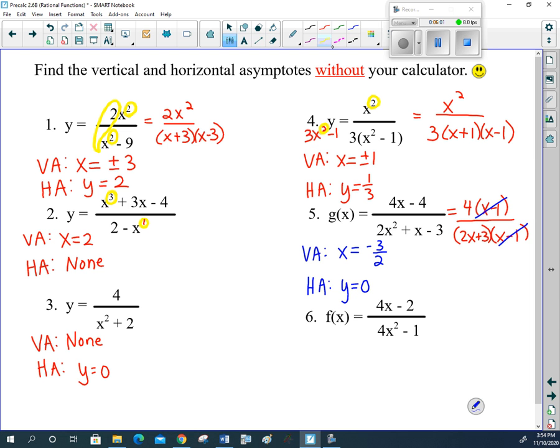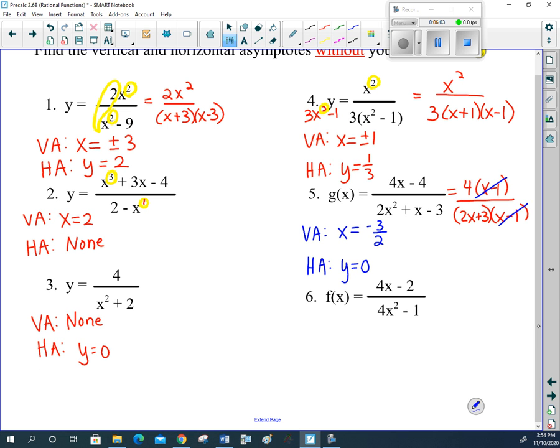And the last one, if you factor that, that's 2x minus 1. We go ahead and factor the denominator, 2x plus 1 and 2x minus 1. So once again, we have the same factor, so that means that's a hole. If it's a hole, it can't be a vertical asymptote.